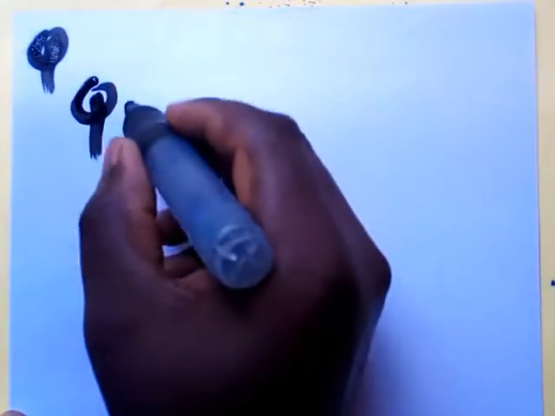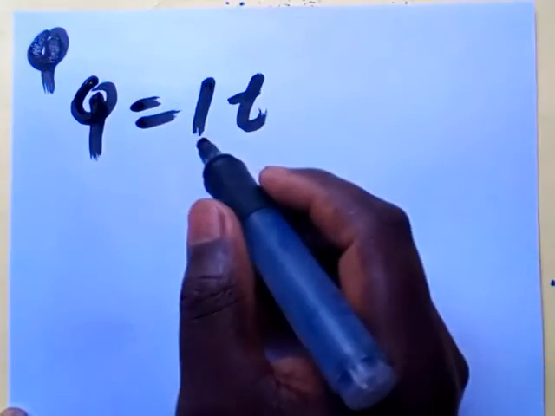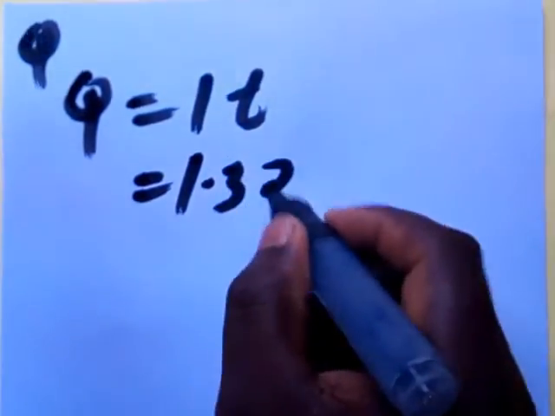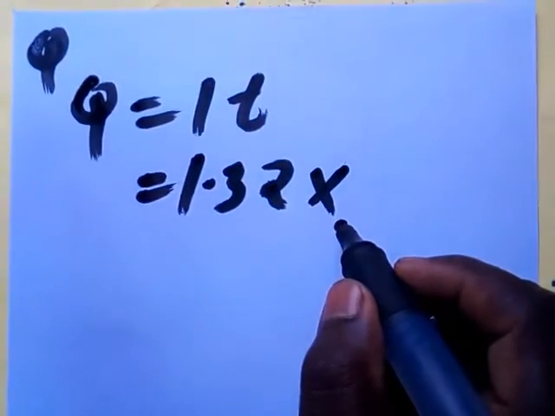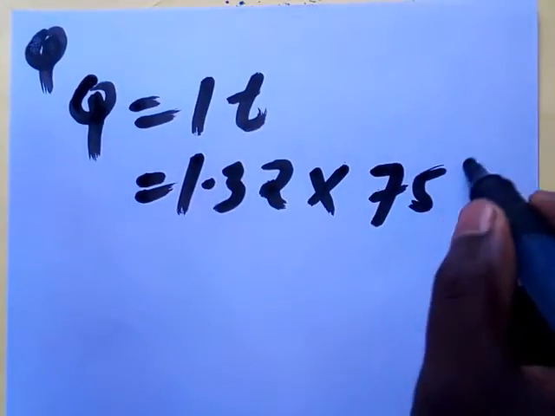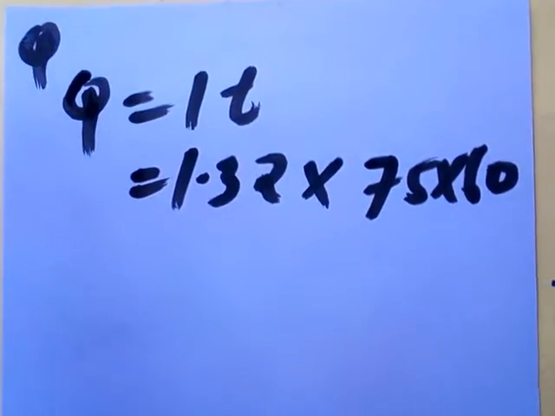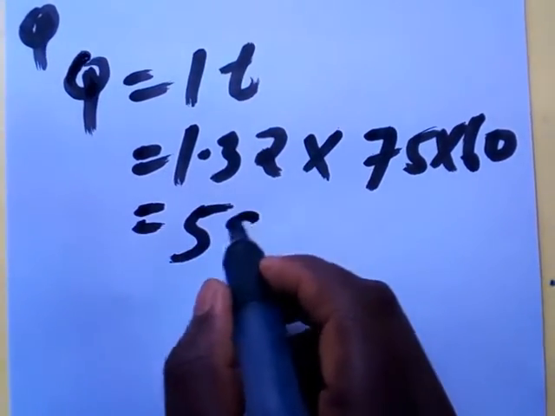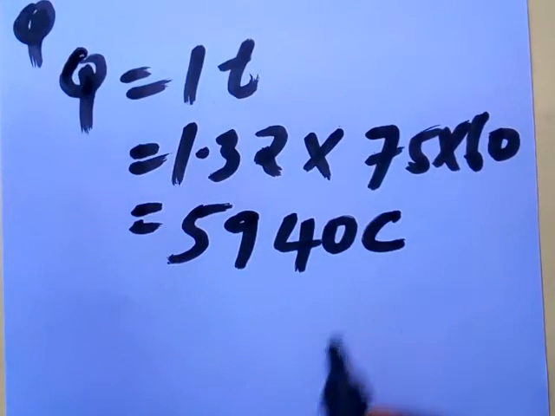Now quantity equals I times T. We have I, we have time. The current is 1.32 times time, which is 75 times 60. This one gives us 5940 coulombs.